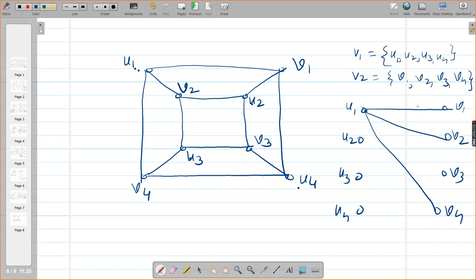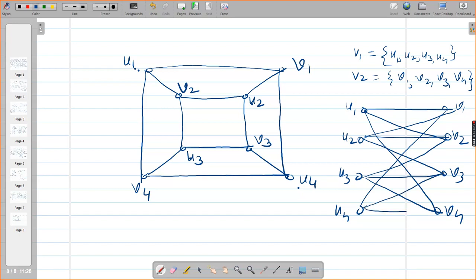Then U2 to V1, V2, V3. U3 to V2, V3, V4. And U4 to V1, V3, V4.